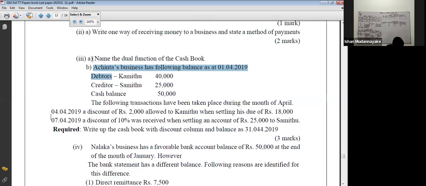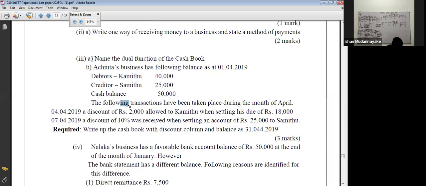Row number 3B. Achinta's business has the following balances as at 1st April 2019. Debtor Kamitu, creditor Samitu, cash balance 50,000.